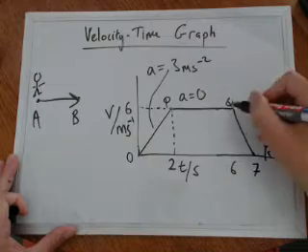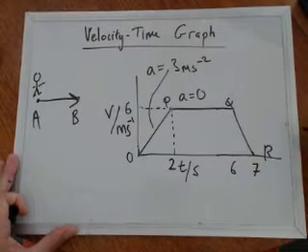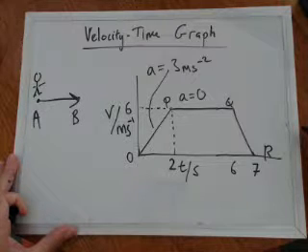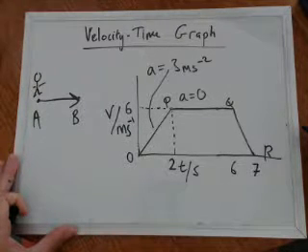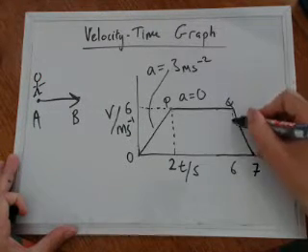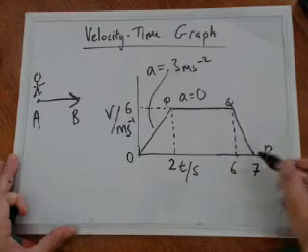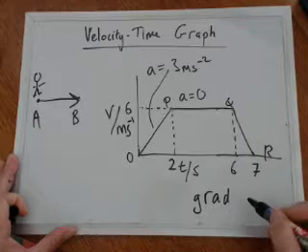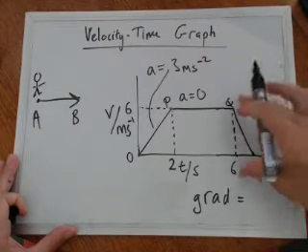And then Q to R, well, it's a negative gradient, so therefore it's going to be a negative acceleration. So therefore now the gradient here is equal to the change in y.